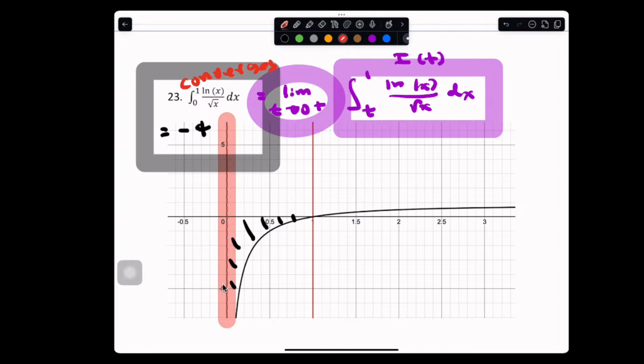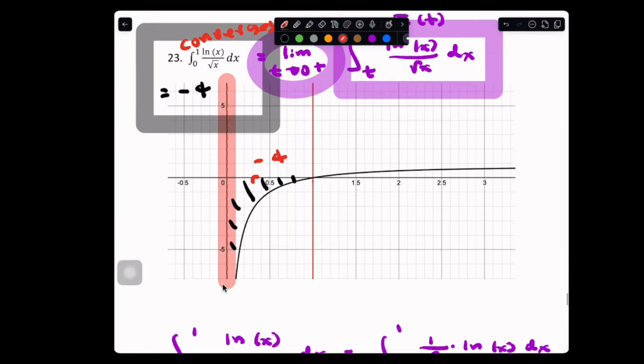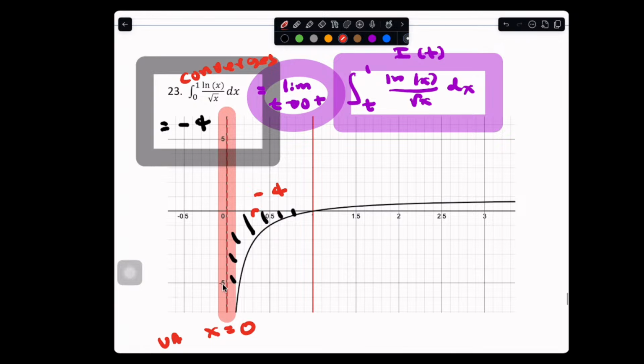So it looks like the curve gets close enough to that vertical asymptote at x equals 0 fast enough that those approximating rectangles give a finite area. So the area is finite, and negative 4 is a nice finite number.